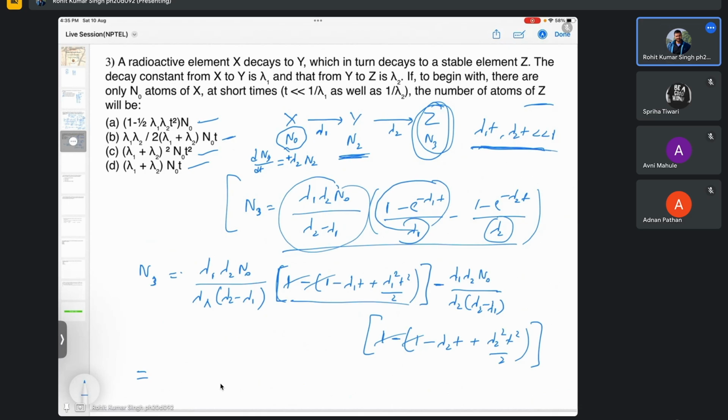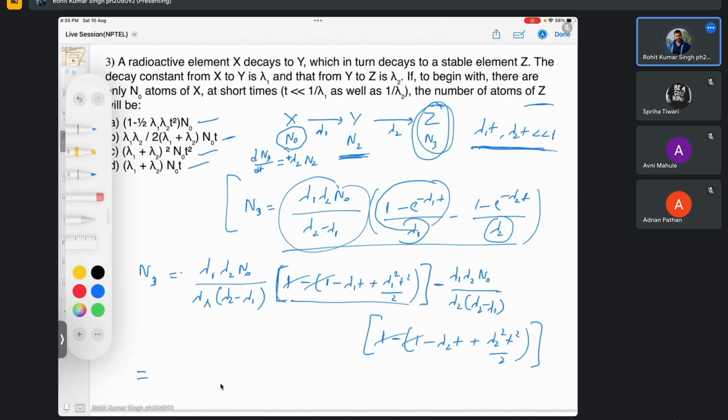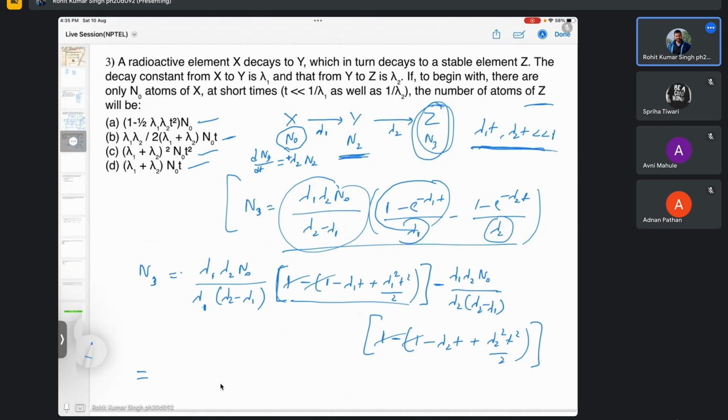So this is lambda 1, right? First let's cancel lambda 1 here, lambda 2 here, okay, and multiply lambda 2 inside.